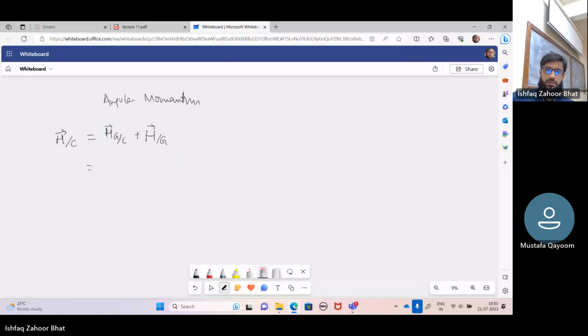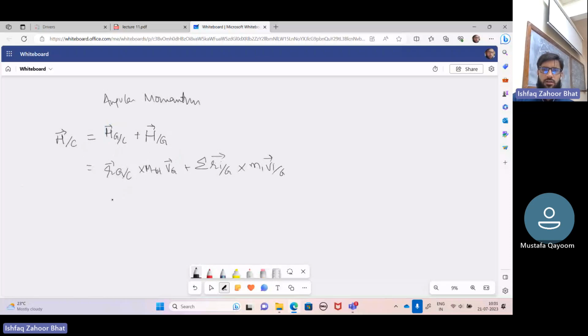So this is equal to R_G with respect to C cross M total V_G, plus the summation of R_iG cross m_i v_i.